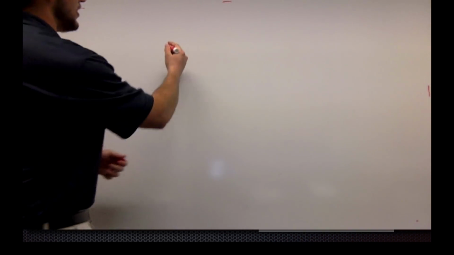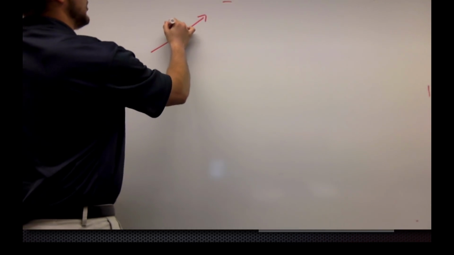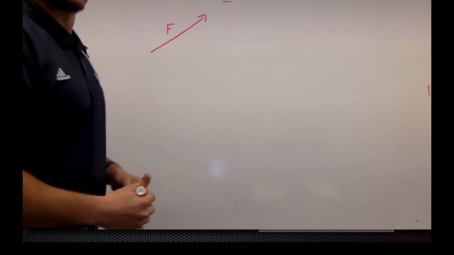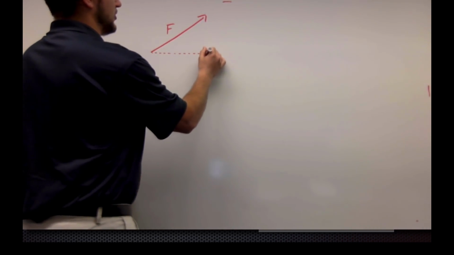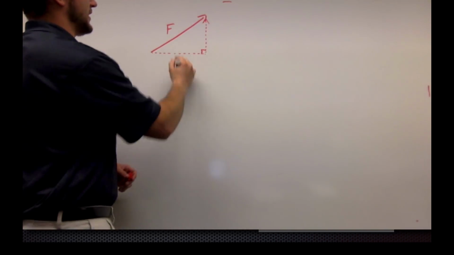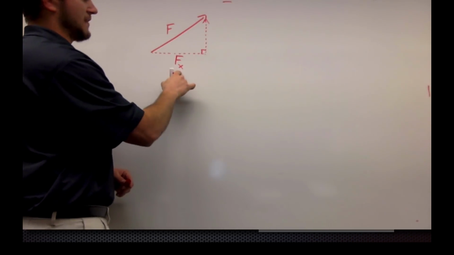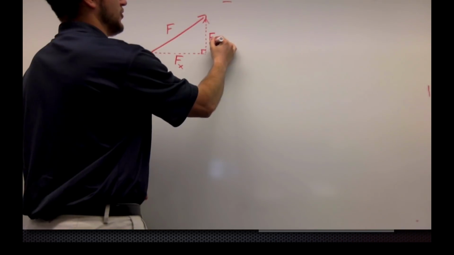So looking at what those vectors look like, being able to use some trig here, this is ultimately what we have. We've got some force pulling at an angle, so that's going to be F, our overall force. Drawing out our vectors here, just like we did with two-dimensional motion, F sub x gives us our horizontal component of force.